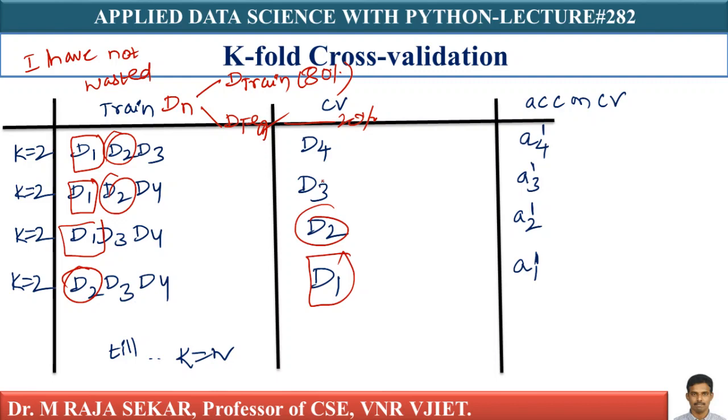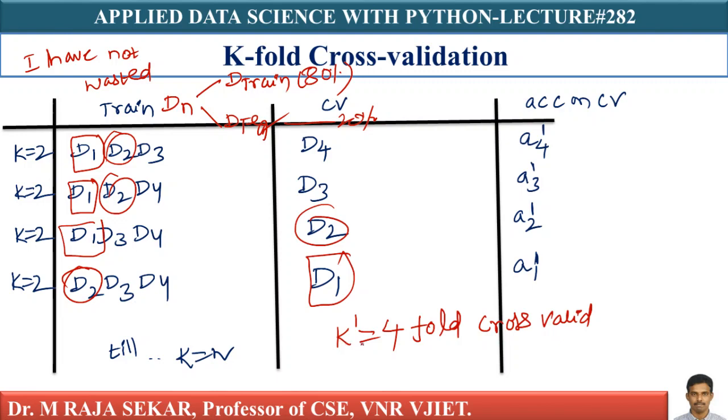I will come to one more interesting detail here. This is called K dash equal to 4, that is 4-fold cross validation. K-fold cross validation means, in this context, instead of K, I am assuming K dash.